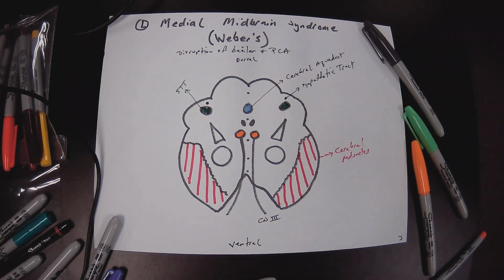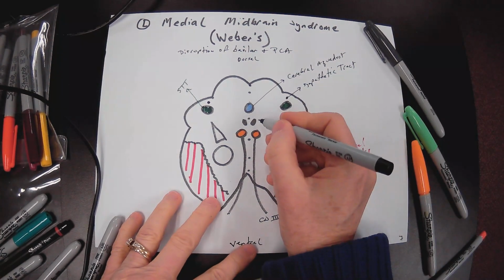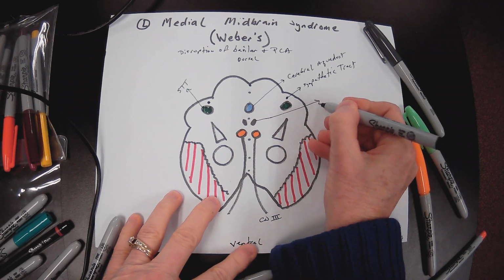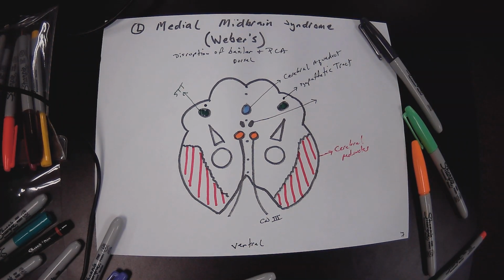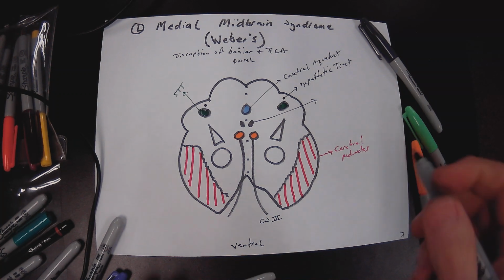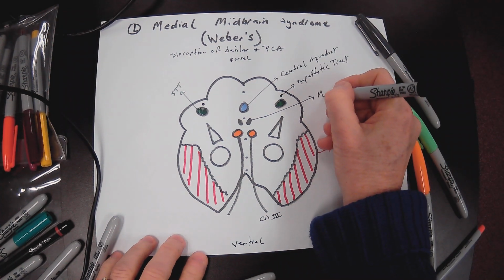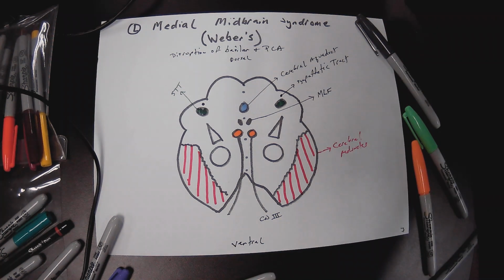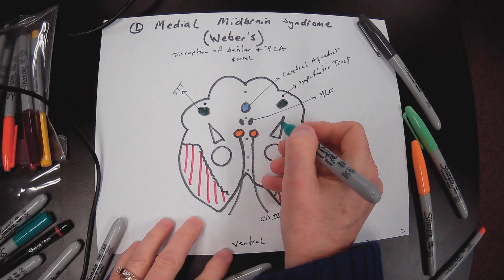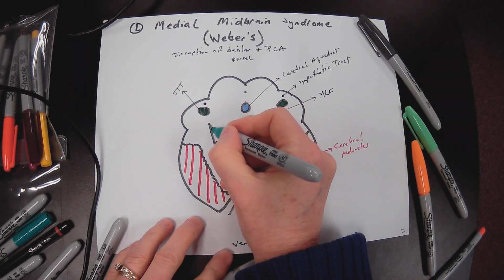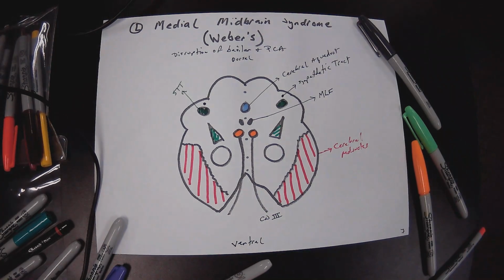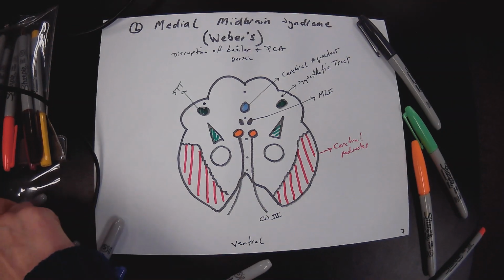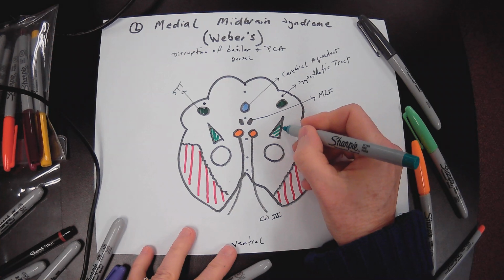And again, very medial, involved in production of a conjugate gaze, disruption of which causes a disconjugate gaze, it's going to be my medial longitudinal fasciculus. And then another medial structure, part of the DCML pathway, it's going to be your medial lemniscus.